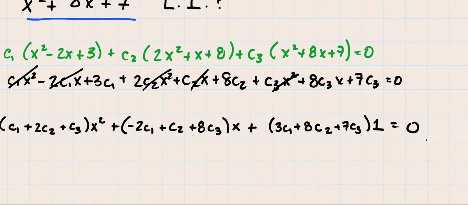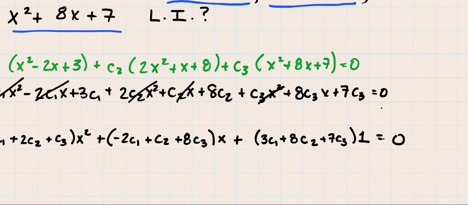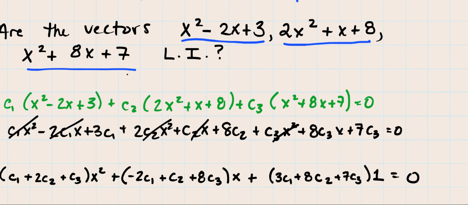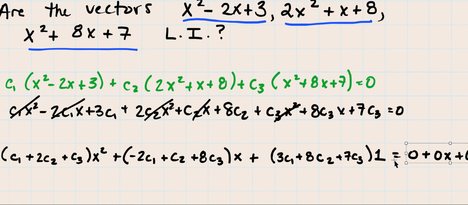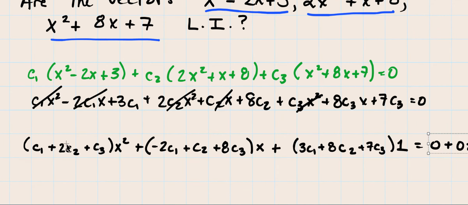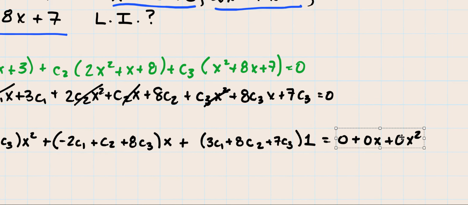But the 0 vector inside this vector space can be expressed as 0 plus 0x plus 0x squared. So now we're going to set the pieces equal to each other. This c1 plus 2c2 plus c3 with the x squared is going to be equal to this 0. And then the piece in front of the x has to be equal to 0 because that's in front of the x. And then this piece is equal to 0.